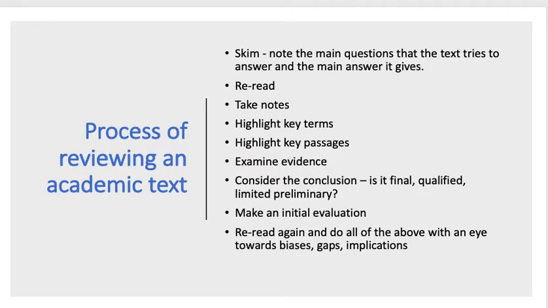The process of reviewing an academic text involves first skimming and noting the main questions that the text tries to answer and the main answer the author gives. Rereading and taking notes of the important points in detail, highlighting key terms and passages again, examining evidence, considering the conclusion, and making an initial evaluation.